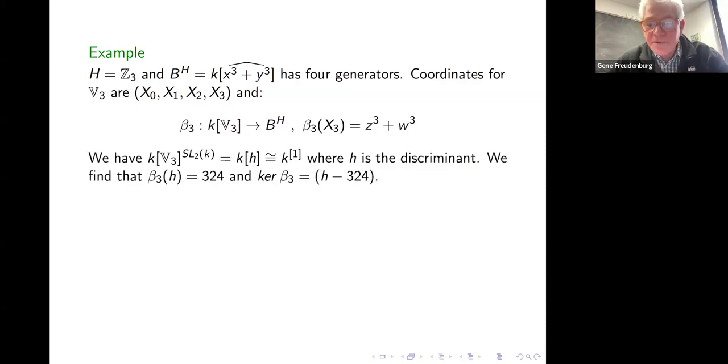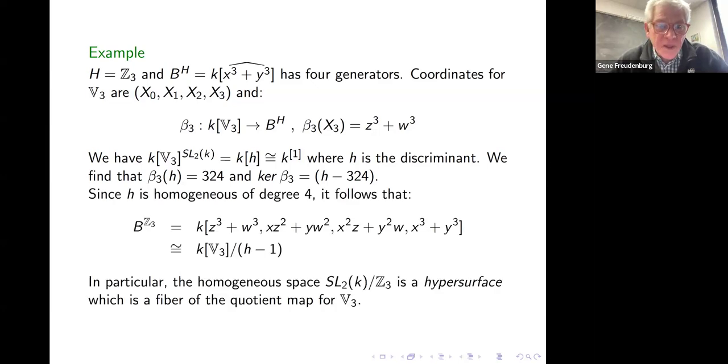The ring of invariants, of course, is generated by the discriminant on the left-hand side, and so that discriminant has to get sent to a constant, and it gets sent to 324 in the standard form. So the kernel of this map is that principal ideal. Since H is homogeneous of degree 4, I can ignore 324 and just use 1.